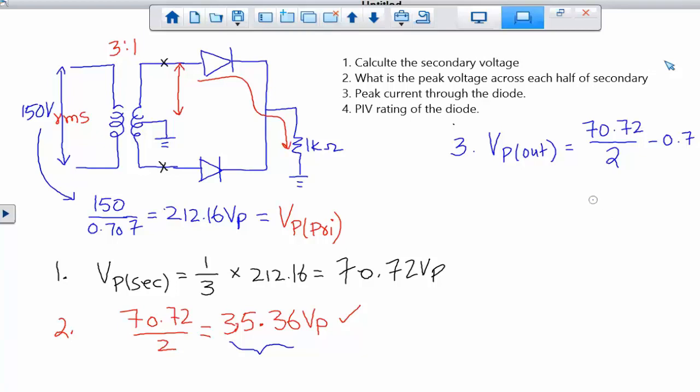And you just take away 0.7 from it. So either way you will get the same result. So 1/2 is that, and you take away that 0.7. So how much would that be? So 34.66.